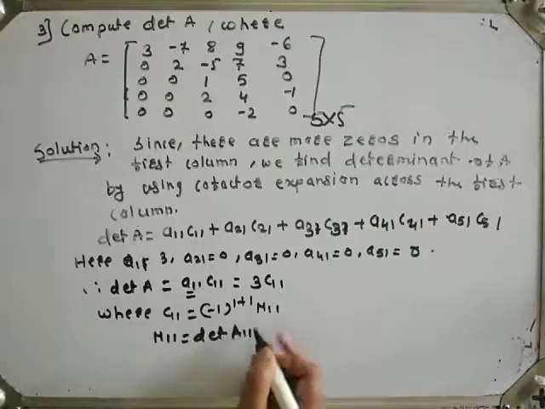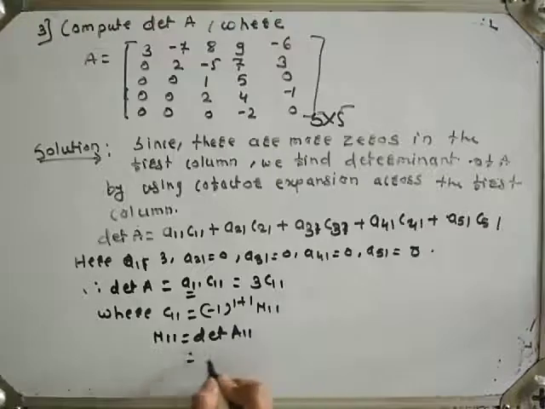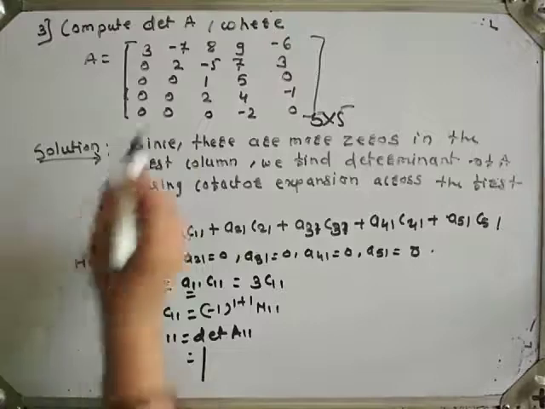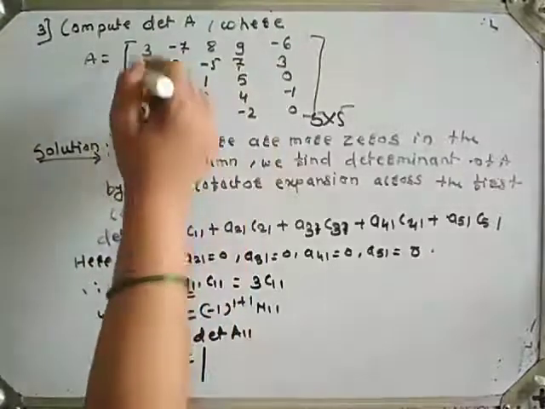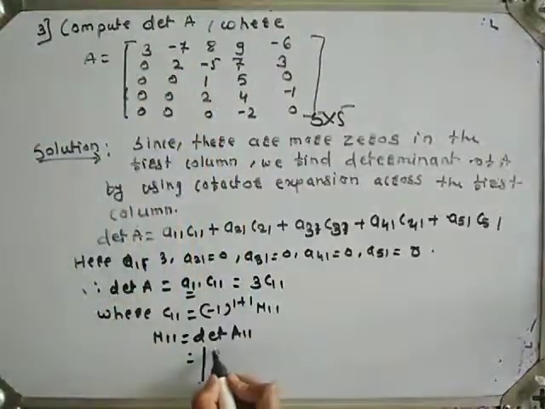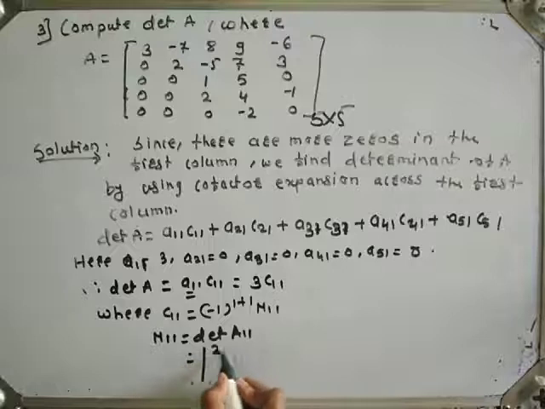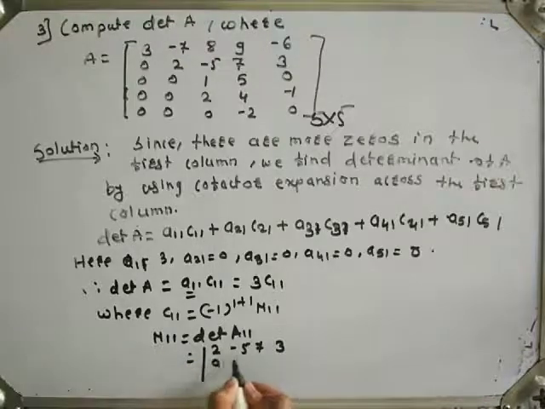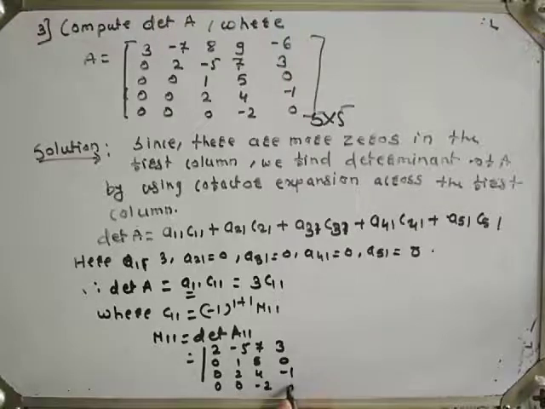So M11 is the determinant of A11, which is obtained by deleting the first row and first column. So we have to find the determinant of the matrix [2 -5 7 3; 0 1 5 0; 0 2 4 -1; 0 0 -2 0].